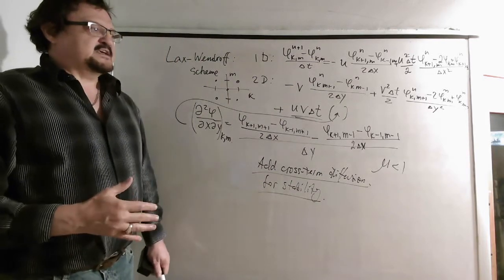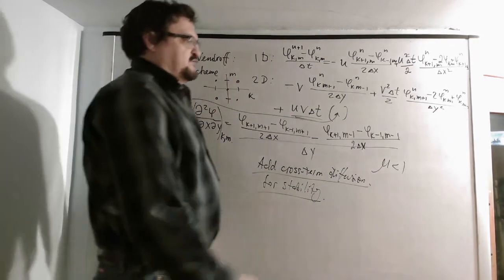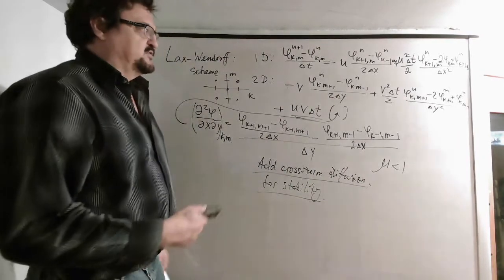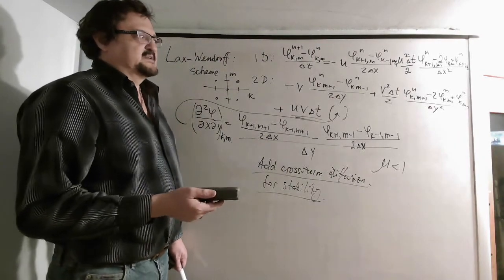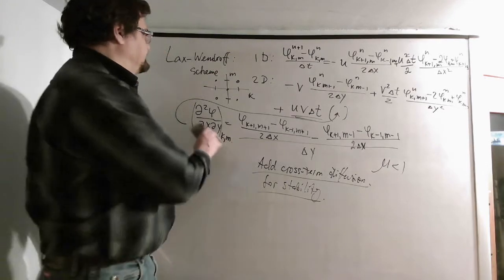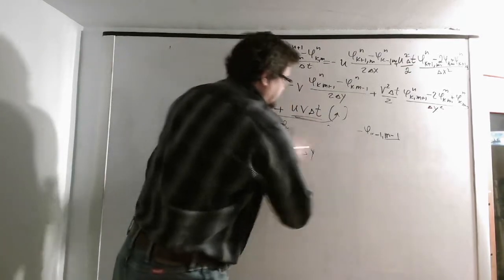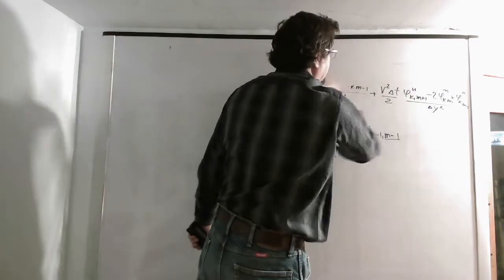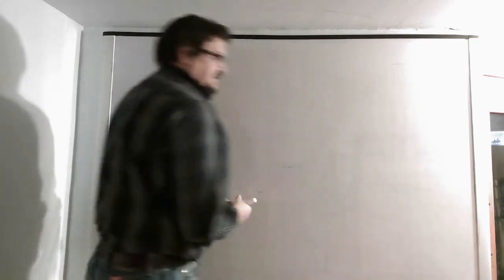Of course, for this case you can add this additional term, but for other cases you may completely avoid this additional restriction on stability by using so-called directional splitting. So what is directional splitting? Well, like the name implies, you just apply your scheme first in one direction, then in the other direction separately.